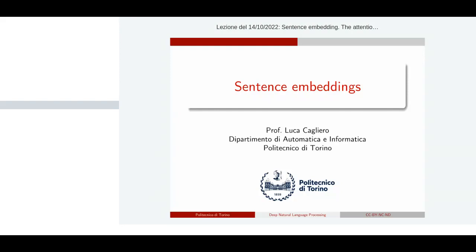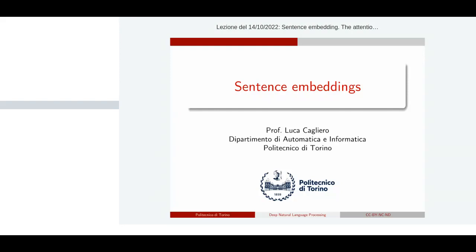Of course, there are alternative options. For example, we can consider not only words but also n-grams. We can consider clauses, we can consider phrases. So there are many different options we may explore.